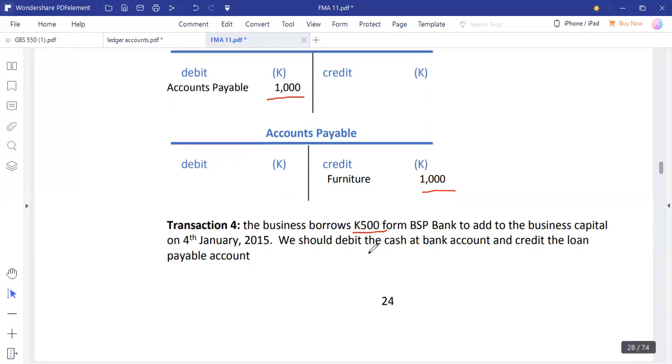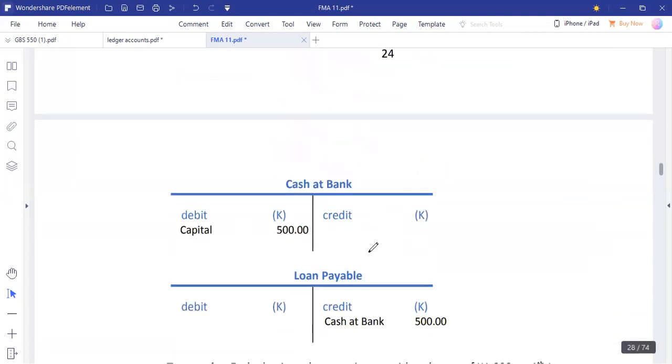So the bank account is going to increase because we borrowed money. So cash at bank, 500, we've received money into our bank. But the loan payable account is increasing because we're getting a loan. This loan payable is a liability. So to increase liability, we do what? We credit.